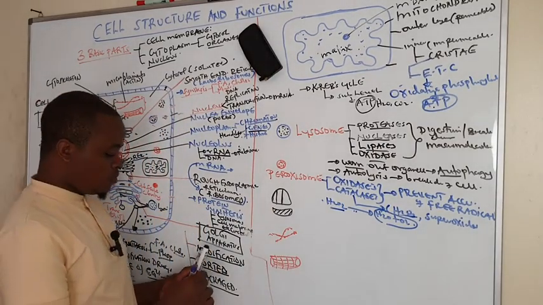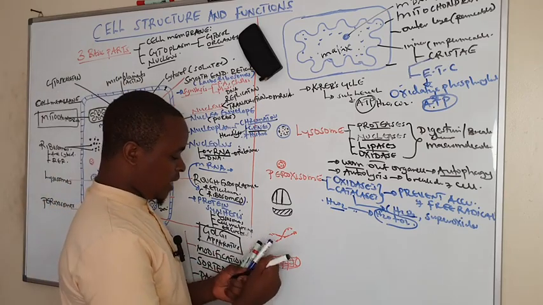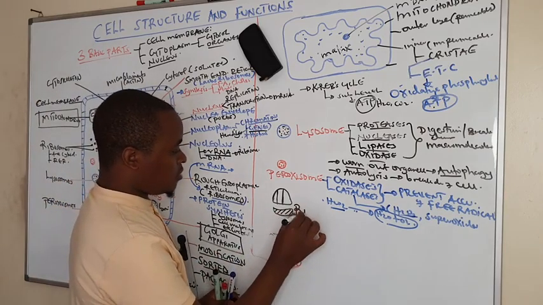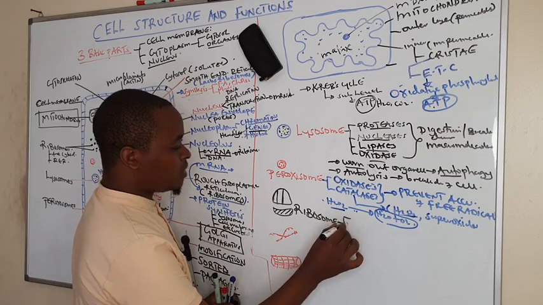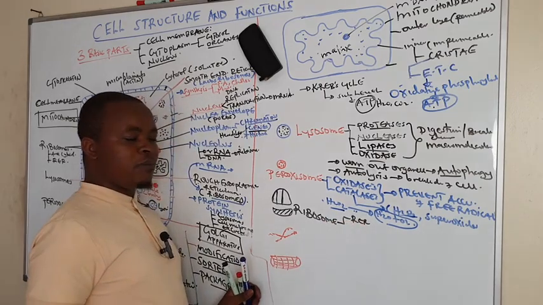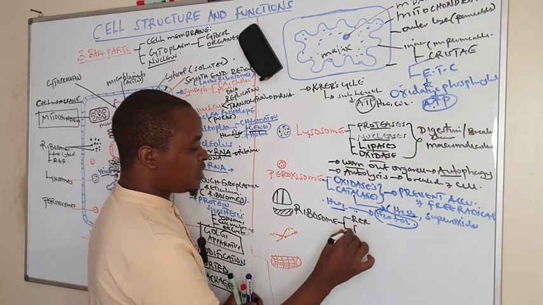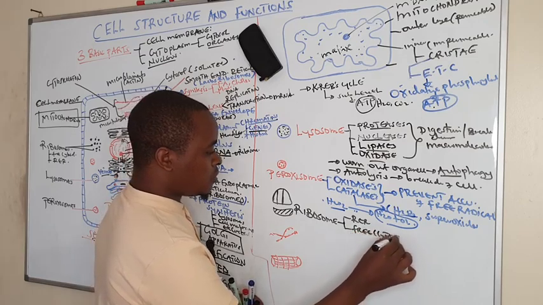Then the next is the ribosome. We saw ribosomes are found on the rough endoplasmic reticulum, so those are membrane bound, and we have those which are free, found in the cytosol.